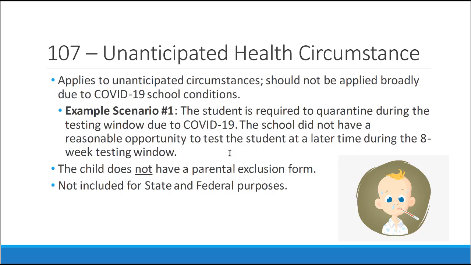An example that is specific to COVID is if a student is quarantined through their testing window, then you would apply a 107 code and say they couldn't attend because of a health circumstance. And again, students who are out for surgery, out for mental health reasons, even out for bereavement, do not have to submit a parental exclusion form to indicate that their test won't be taken. If you know they're out of school for a health reason, mental or physical, you can apply a 107 code to that untaken test.